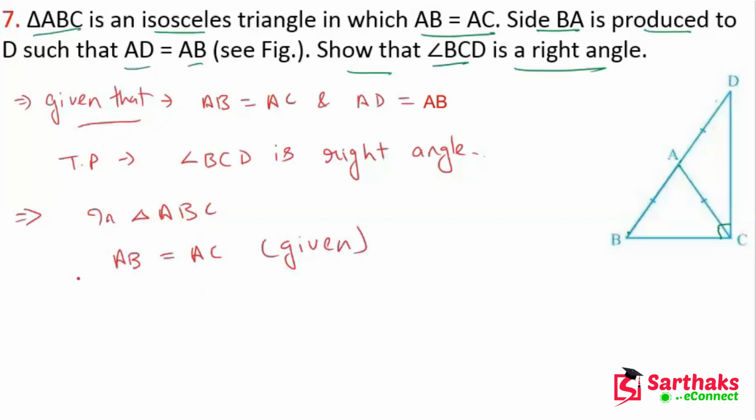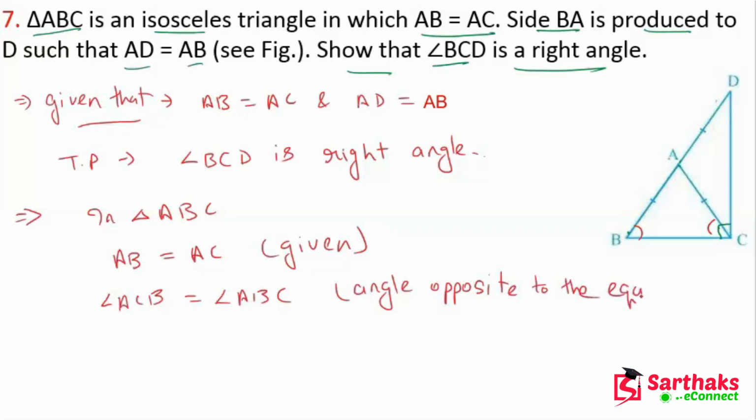Also angle ACB equals angle ABC, because angles opposite to the equal sides are equal.